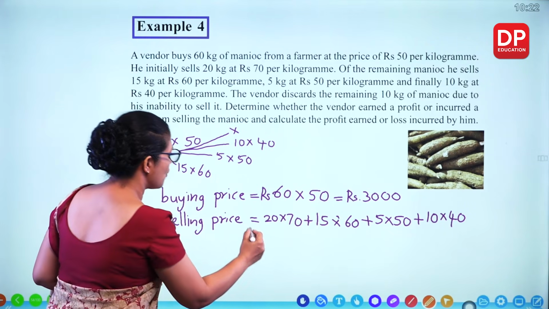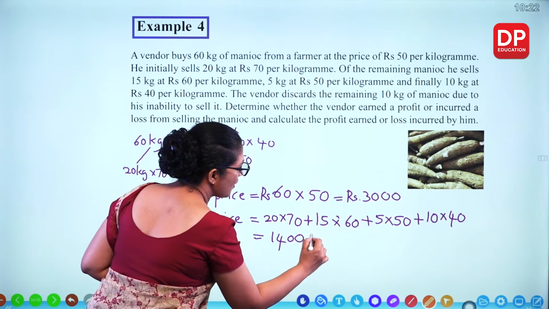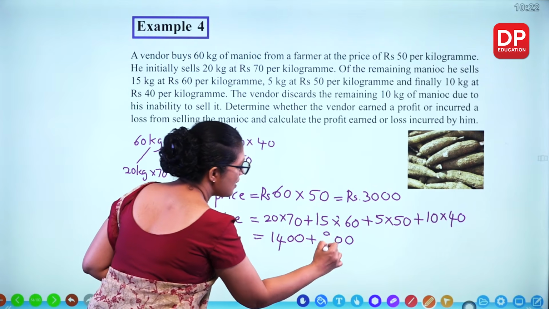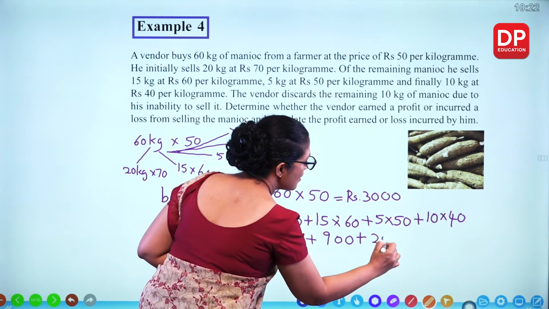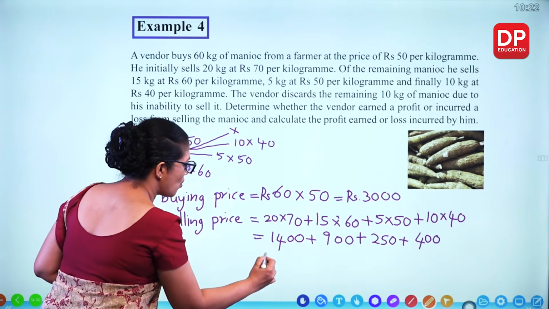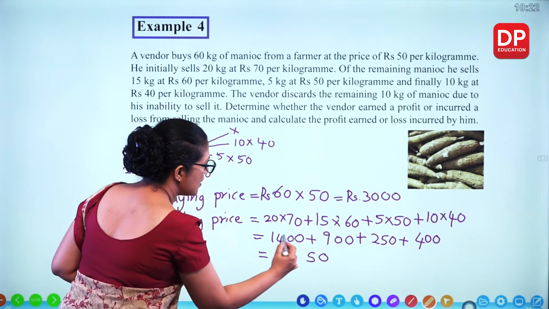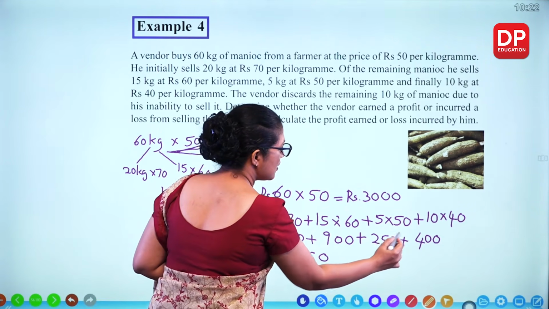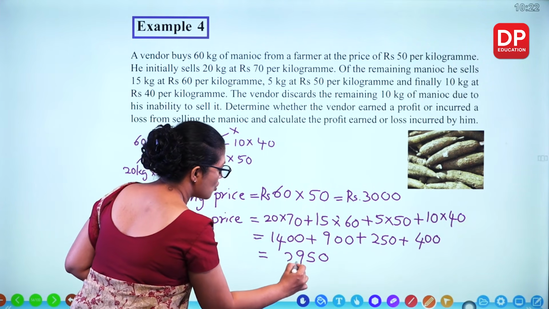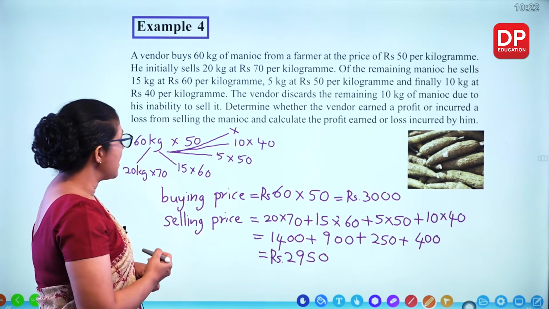So when you take the addition, what do you get? 1,400 here, 900 this one, 250 and this one 400. When you take the total, you get 2,950 is the selling price.